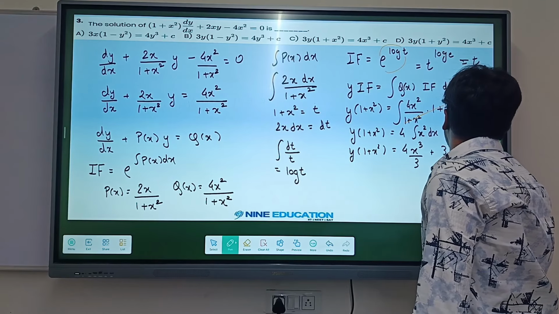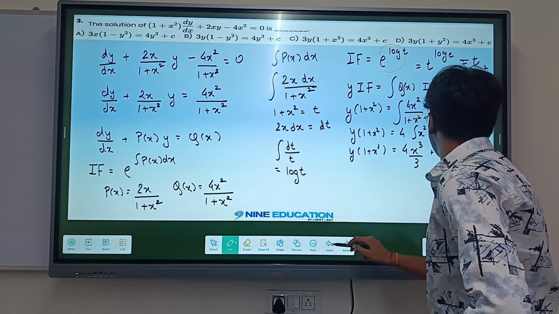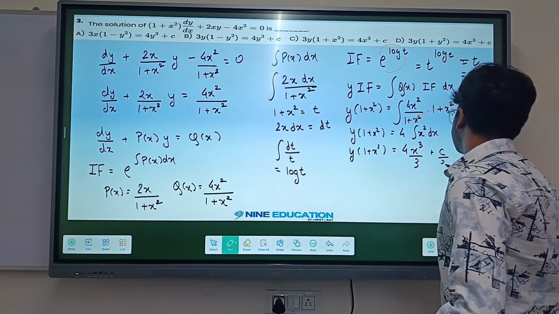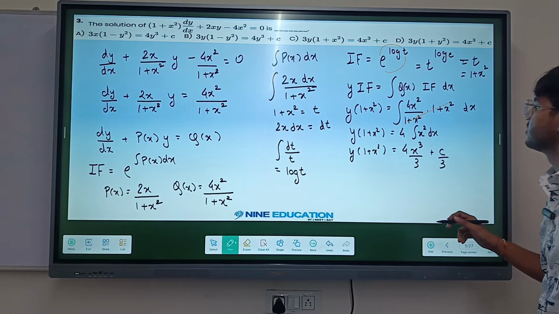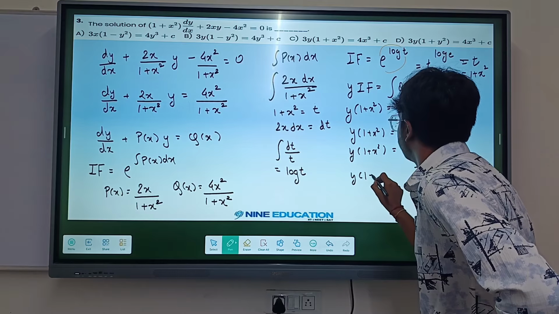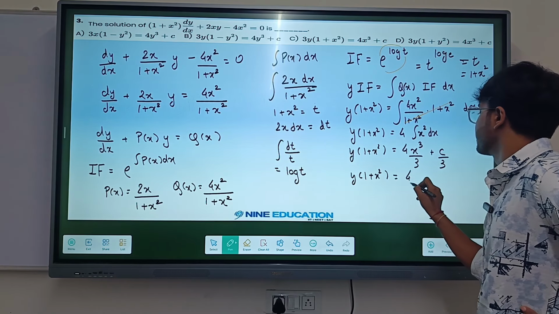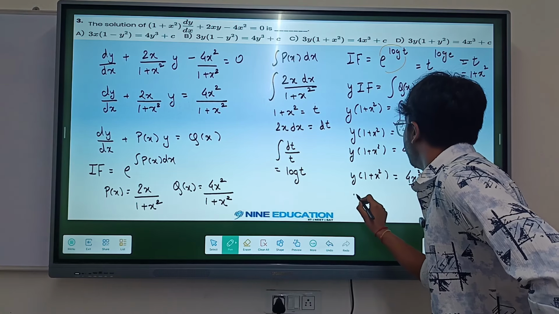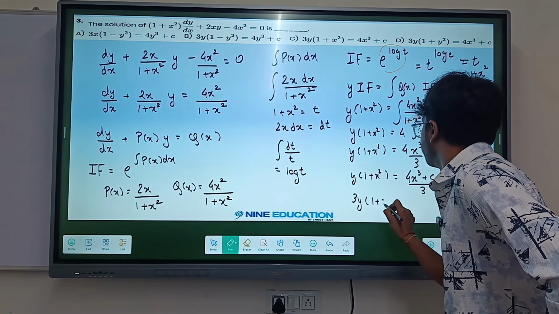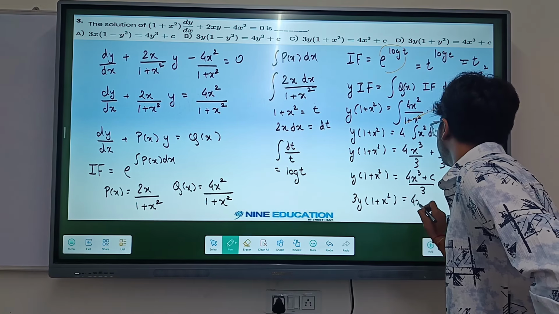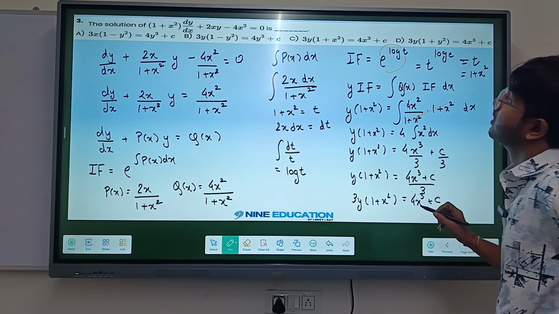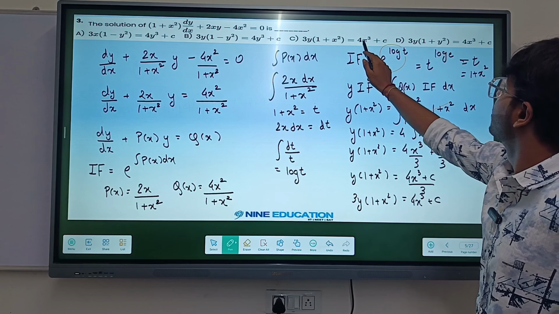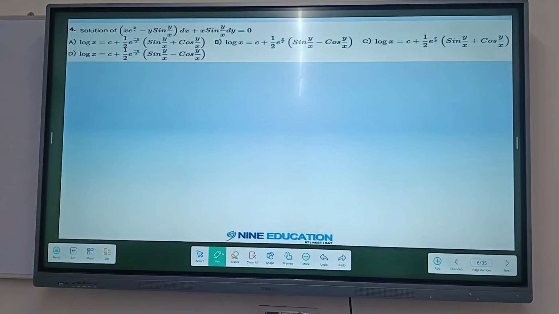So I can write it as c by 3, since c is a constant, c by 3 is also a constant. So y into 1 plus x square equal to 4x cube plus c by 3. 3 goes to this side: 3y into 1 plus x square equal to 4x cube plus c. Let's look at the options: 3y into 1 plus x square equal to 4x cube plus c.